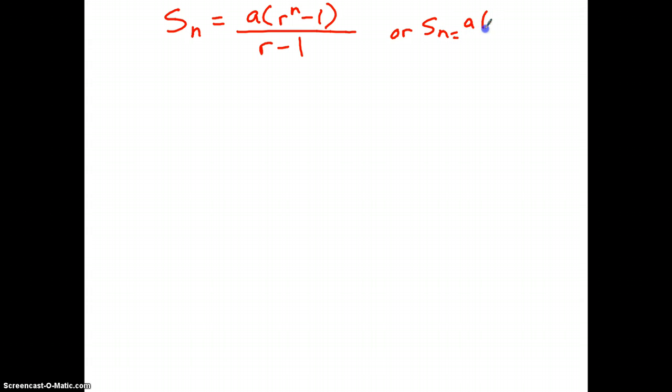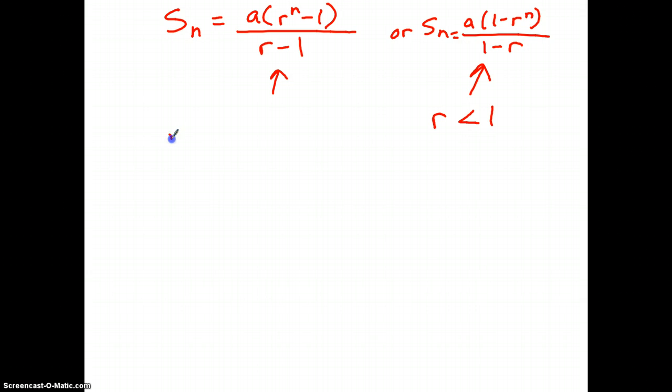S sub n equals a times 1 minus r to the n over 1 minus r. Now they look very similar, but if you notice in both of these the 1 and the r are switched around. You will use this one if your r is less than 1, so a fraction or a decimal. Anything else, you would use the other one.